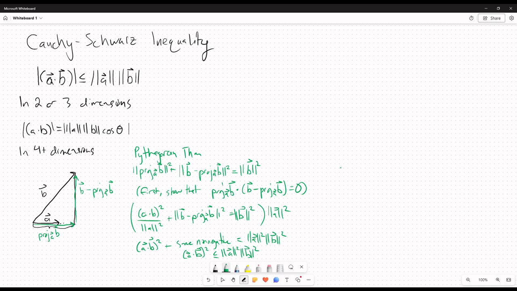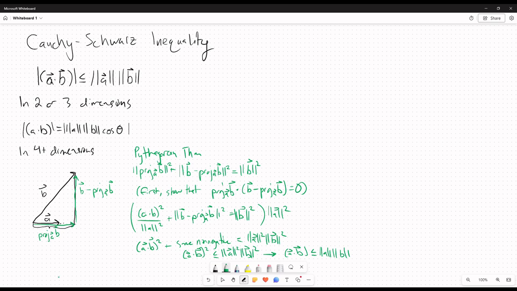That won't affect the inequality in any way. And you will end up with A dot B is less than or equal to the norm of A times the norm of B. So really what the proof boils down to is show that you can use the Pythagorean theorem by showing that this dot product equals 0, and then just do a little bit of algebra.